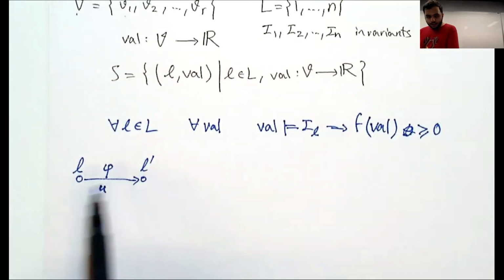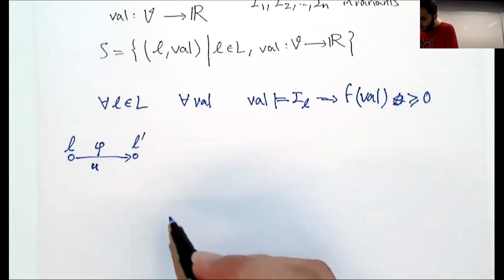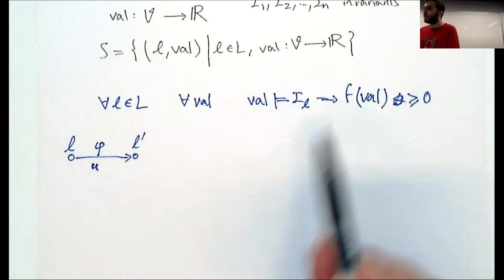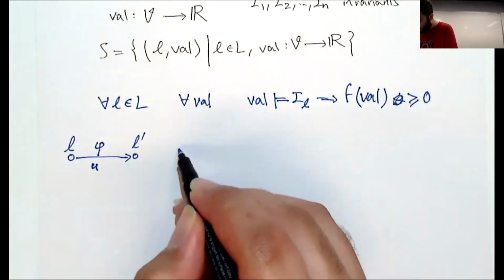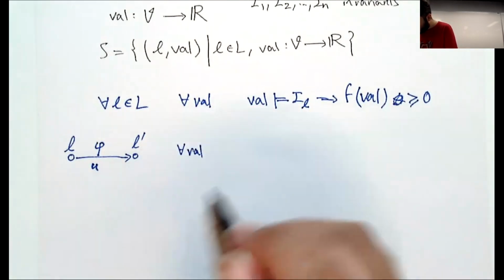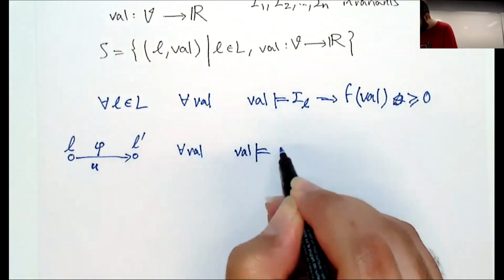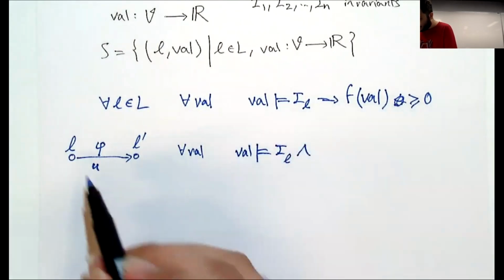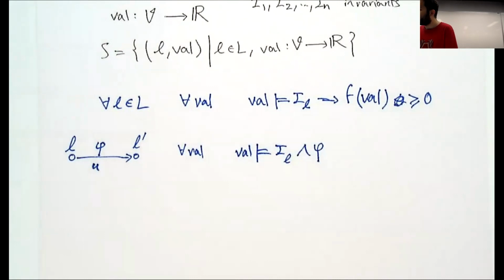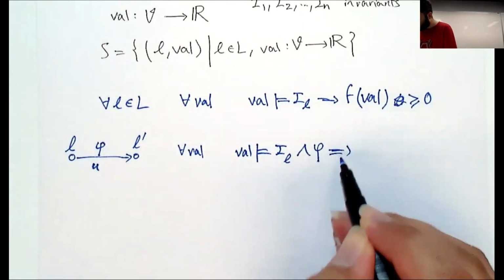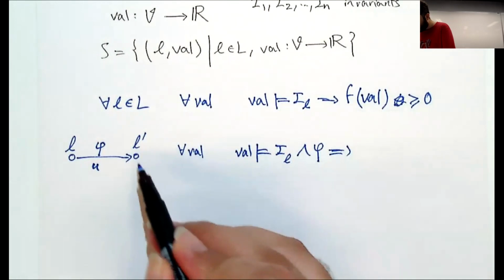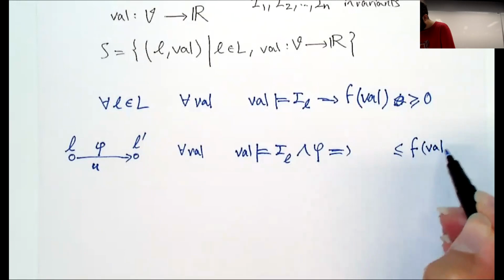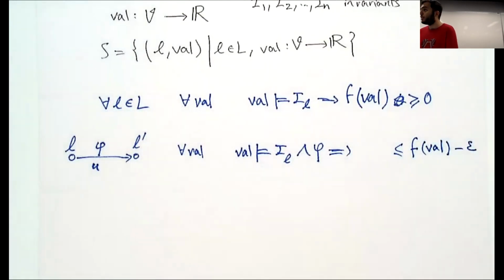So for every transition of this form, I have to say that the value of my ranking function f decreases. So I should have, for every valuation, if the valuation satisfies the invariant at point L, and if it also satisfies this phi, then when I go here, the value that I have here should be less than or equal to the value that I had originally, which was f of val minus some epsilon, right?